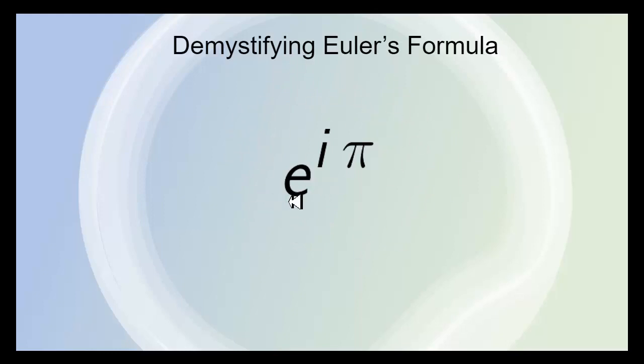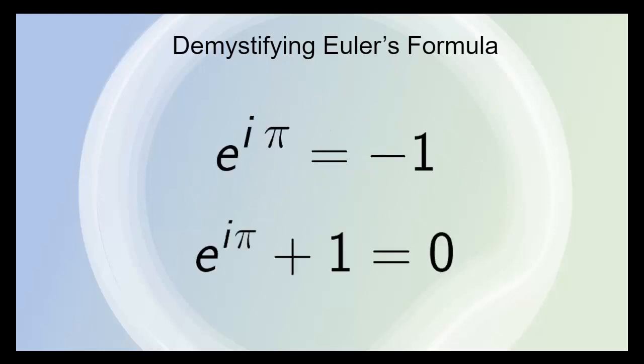What is e to the i times pi? Okay, it turns out e to the i times pi is equal to -1. Okay, alternatively, you could write e to the i times pi plus 1 equals 0. Sometimes they write this. They call this a beautiful equation because it has this beautiful e, Euler's number.